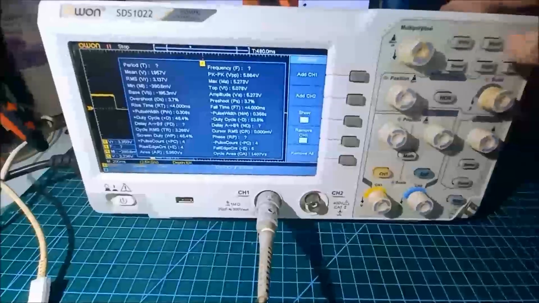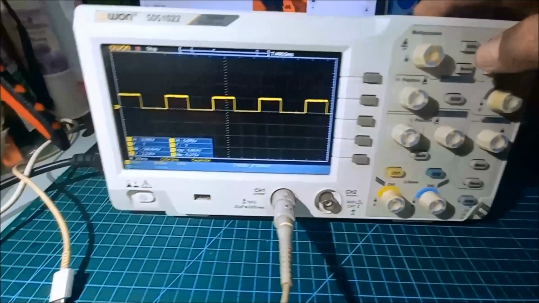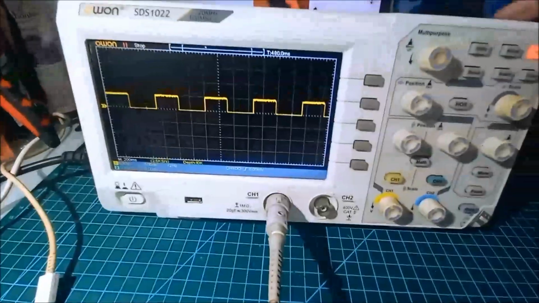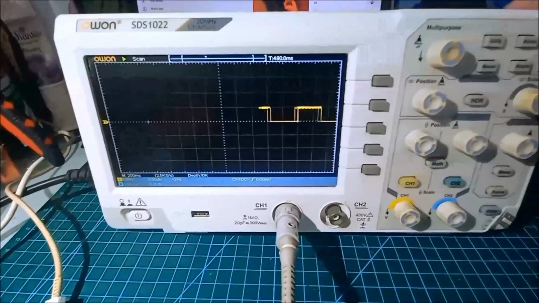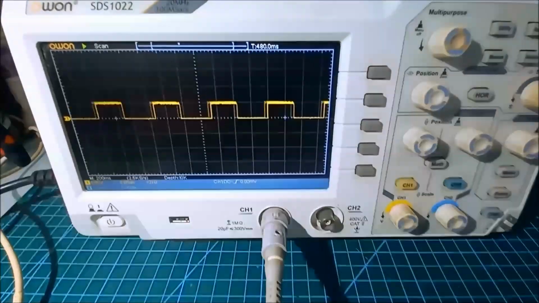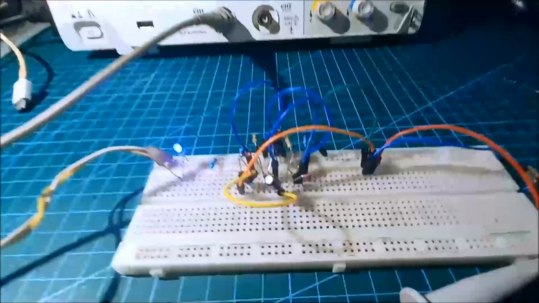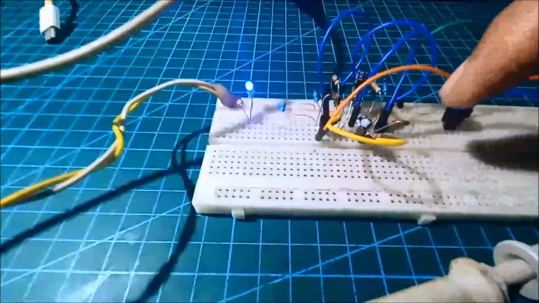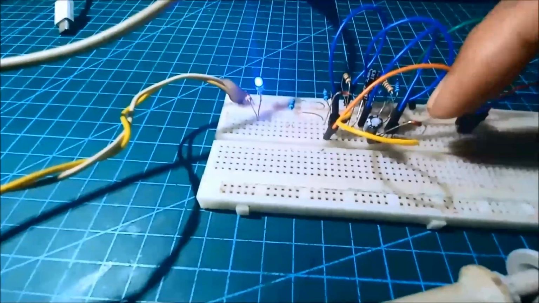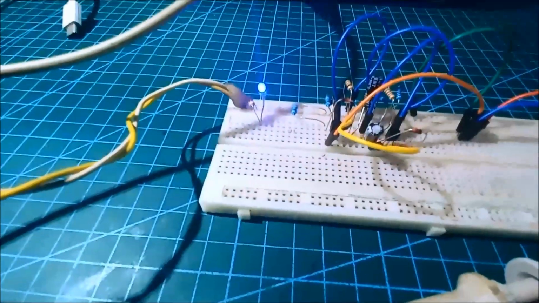So this is a square waveform generated by changing the circuit, by adding an additional diode and resistor.